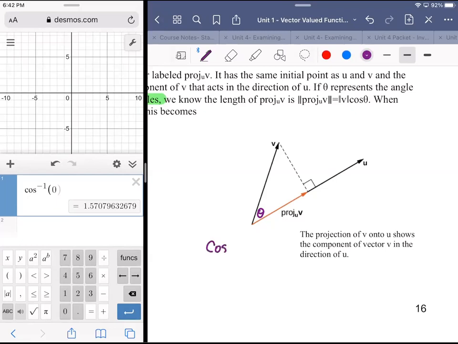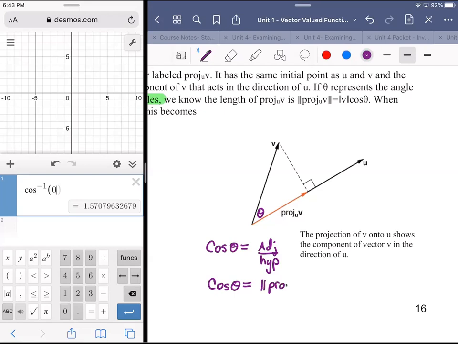Cosine of theta is equal to adjacent over hypotenuse. So I could say cosine of theta is equal to the adjacent side, which we're calling the projection of v upon u, but it's really the magnitude of that.